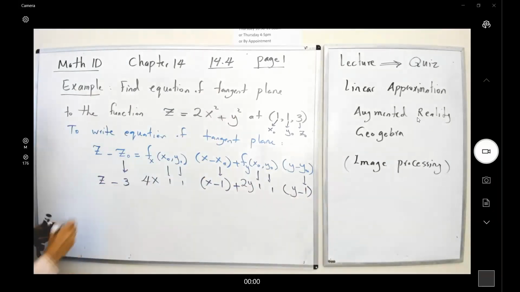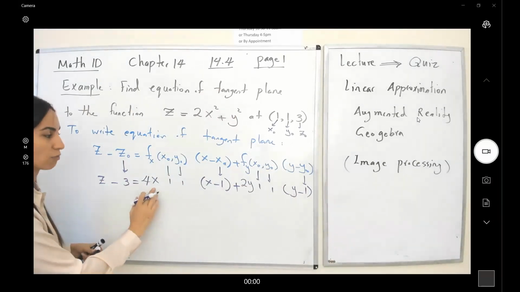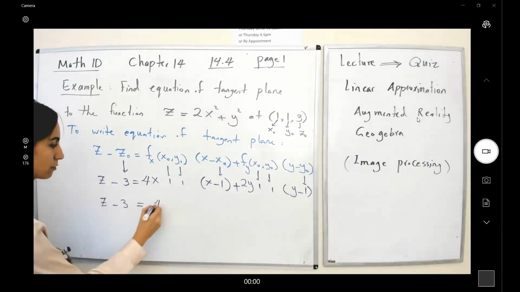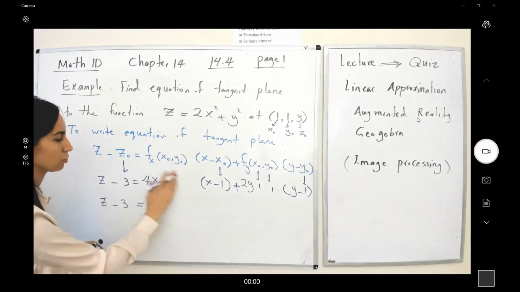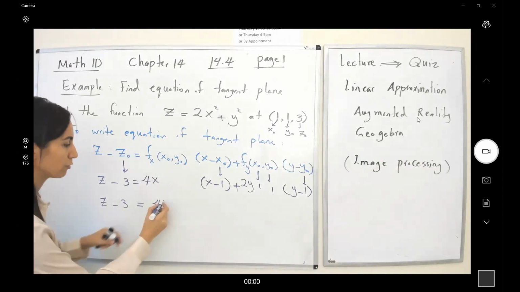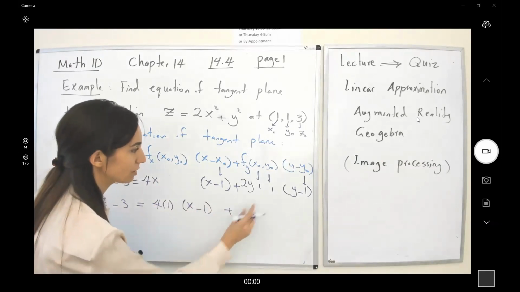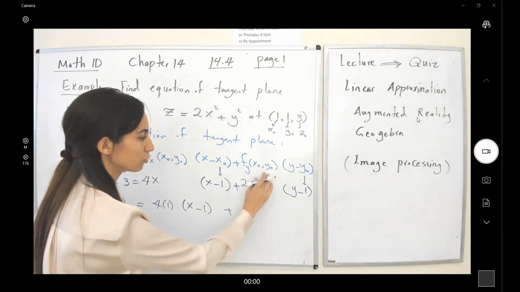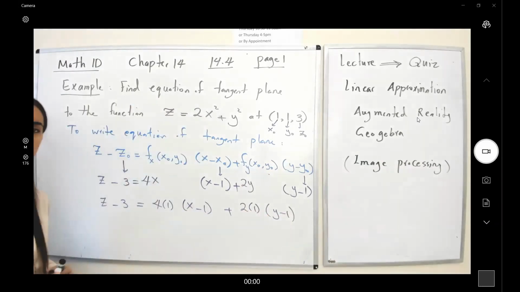And you have z minus 3 equal to, okay, 4x when x is 1 is going to be just 4. It doesn't have any y in it, so we're just going to forget about y. It's going to be 4 times x minus 1 plus, and here you don't have any x, you only have y, so y is equal to 1. You get 2 times 1, times y minus 1.